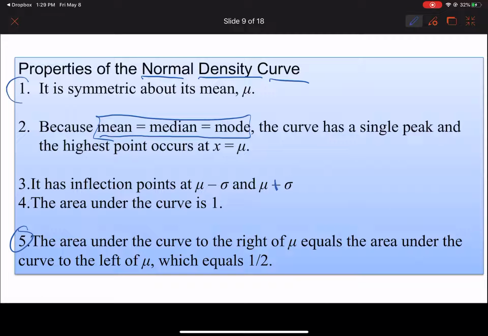So 1 and 5 kind of are the same thing. They're just worded differently and have a slightly different meaning. So these are our properties of the normal density curve. We're going to be doing a lot of calculator work with this in 7.2. This is just the background information and the foundational stuff.